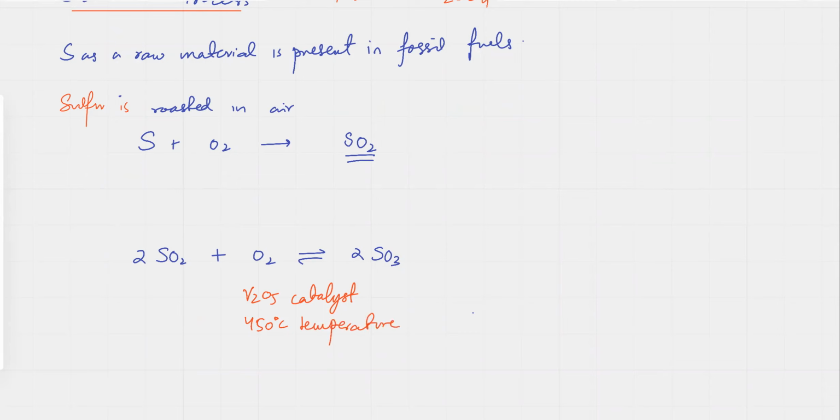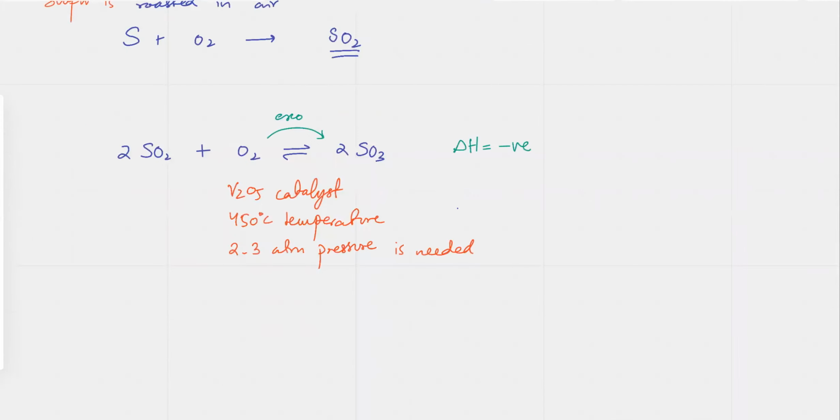You also need some pressure, 2 to 3 atmosphere pressure. This reaction is also exothermic in the forward direction. The enthalpy change is negative, which means it releases energy.